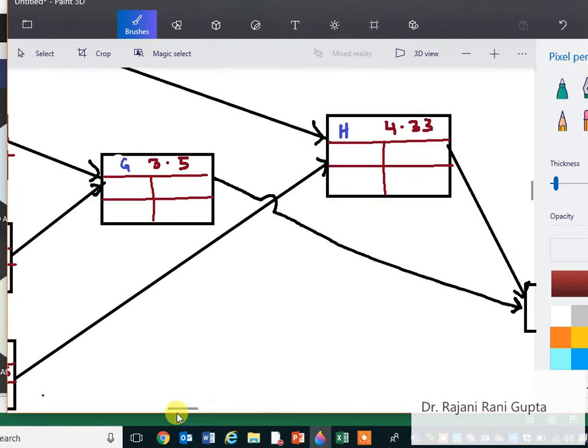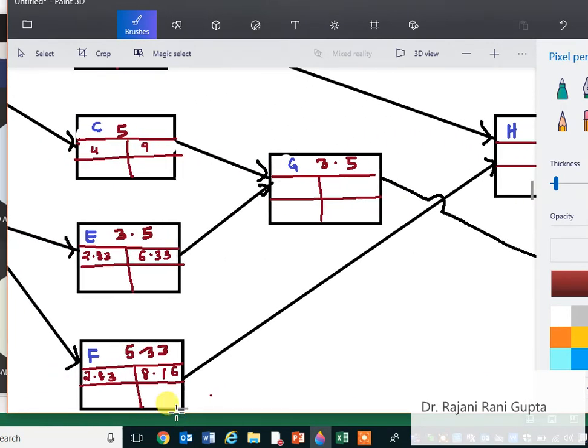So here for G we should take the maximum of the values 9 and 6.33, which is 9. So here we get 9. So 9 plus 3.5 gives you 12.5.